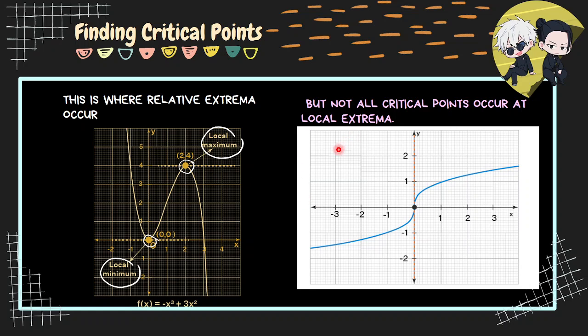Okay? So, for example, in this function, this is not a local extrema. Because if you move along the function here, you cannot determine the lowest point because it goes to negative infinity. If you move the other way, you cannot determine the highest point because this is positive infinity. But this is a critical point.